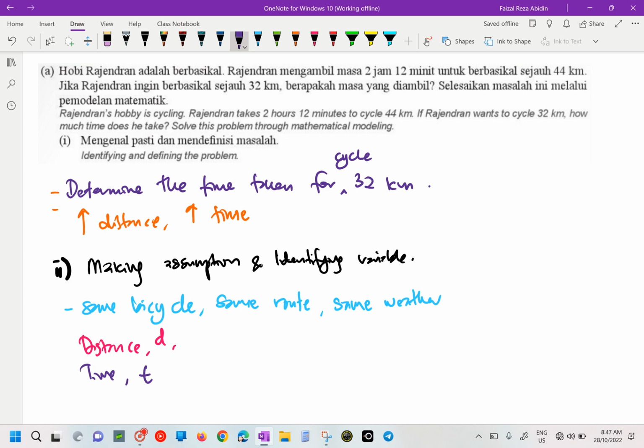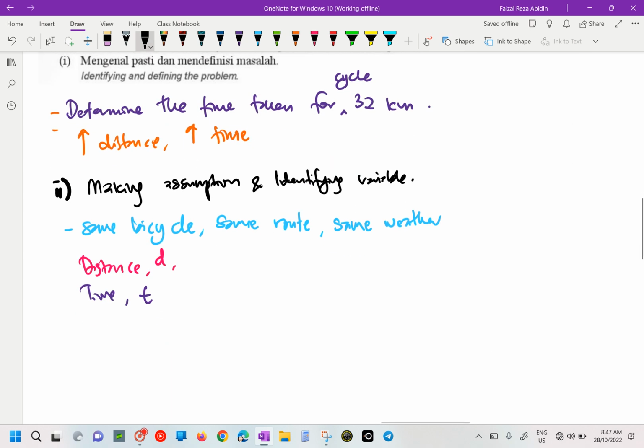Next, number 3 is applying mathematics. So, what did we have just now? Variation.